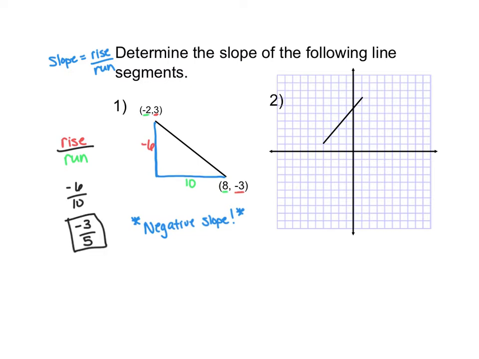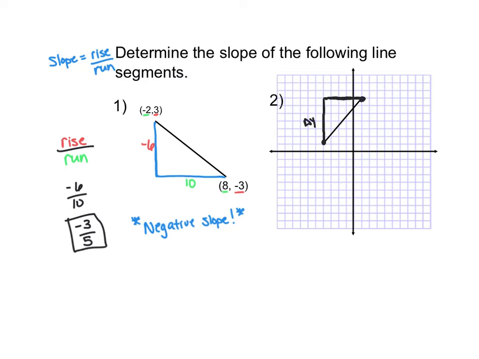Looking at the second one, it's graphed on a coordinate grid. So again, I'm just going to go ahead and draw that slope triangle, rise over run. Now I always like to start my slope triangle at the leftmost point and then go either up or down as my line goes, going left to right on it. So I started at this point on the left and ended it at this point on the right.